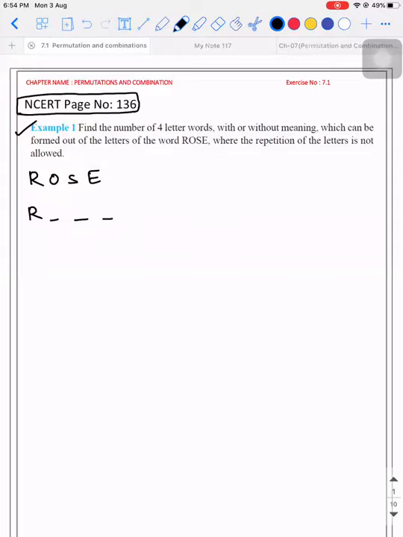In those 3 blank spaces, what are all the letters that you can put from the remaining letters? I can put the same O, and I can rearrange E and S. We don't know whether the word row exists or not. So this is one possibility. Or I can think of rearranging E, O, and S. You're able to understand what I'm doing? Yes, sir. Or I can think of R, S, O, E. Then what can we do?